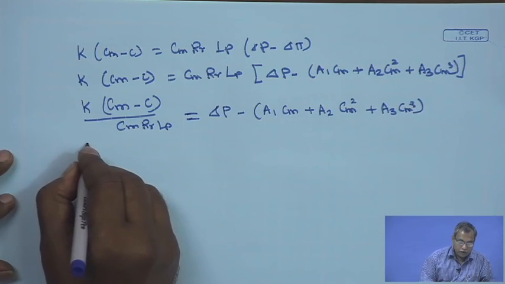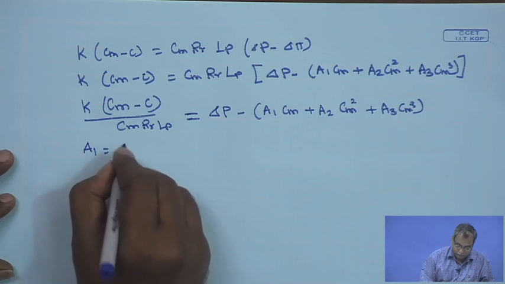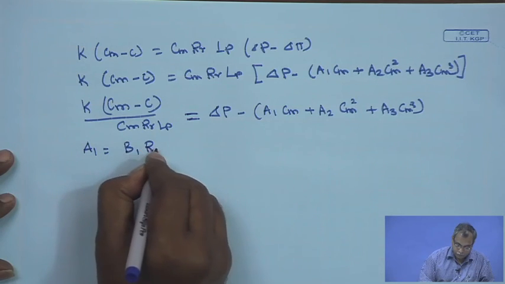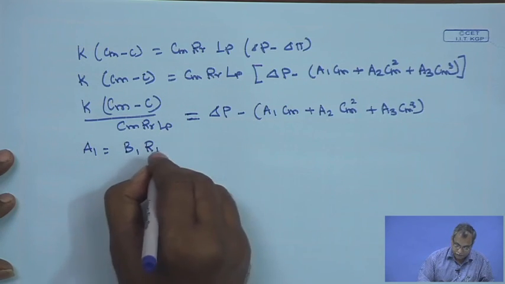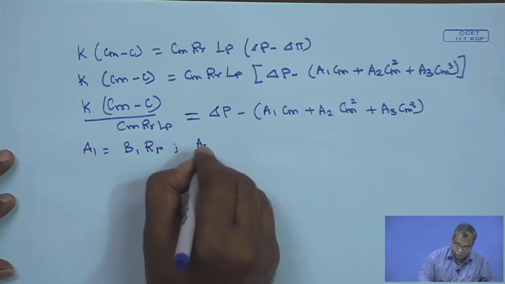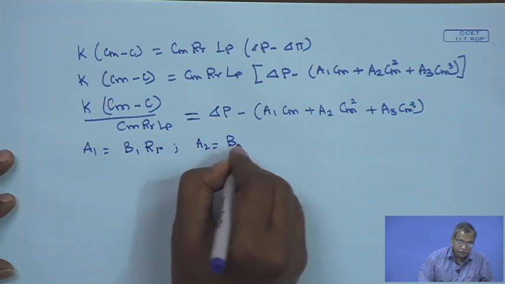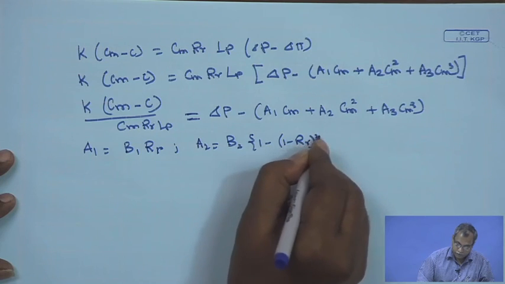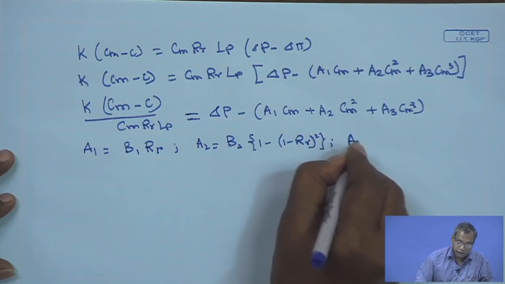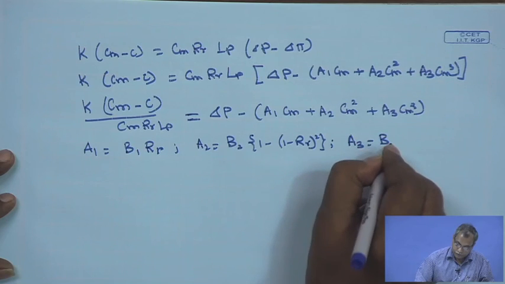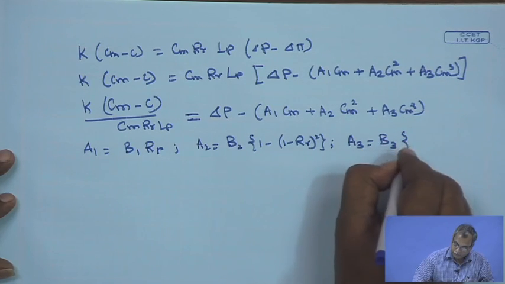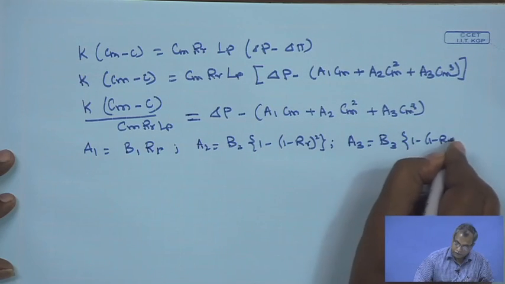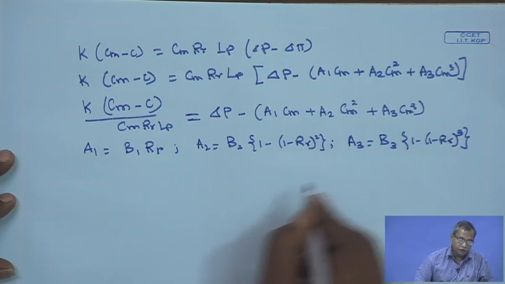and the constants A1 are related to original osmotic coefficients and real retention. So, A2 is equal to B2 (1 minus RR) square of that, then A3 is equal to B3 (1 minus RR) cube of that.